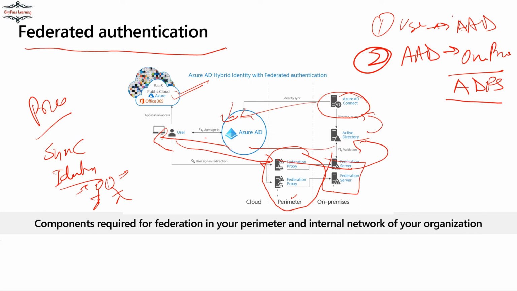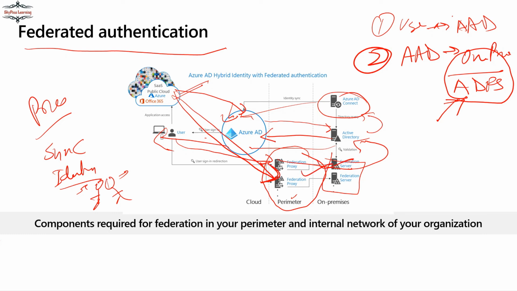In federated authentication, the user request is redirected to the ADFS server. That means you're trying to log in here, but you will be redirected to this location. In pass-through, this is responsible to send the data request here and take back the confirmation. Now your request is redirecting to here, and here you have to authenticate through the federation server.